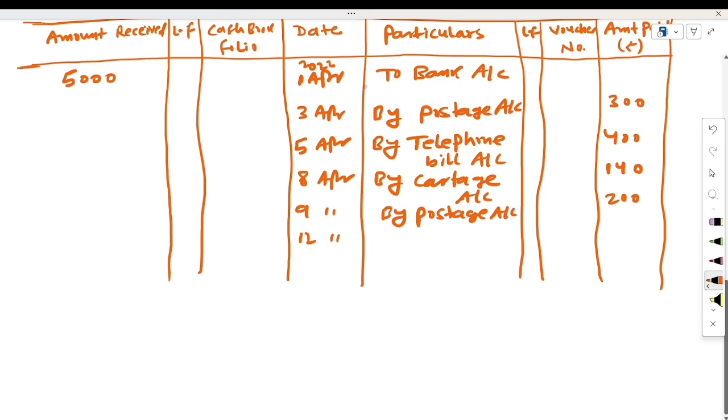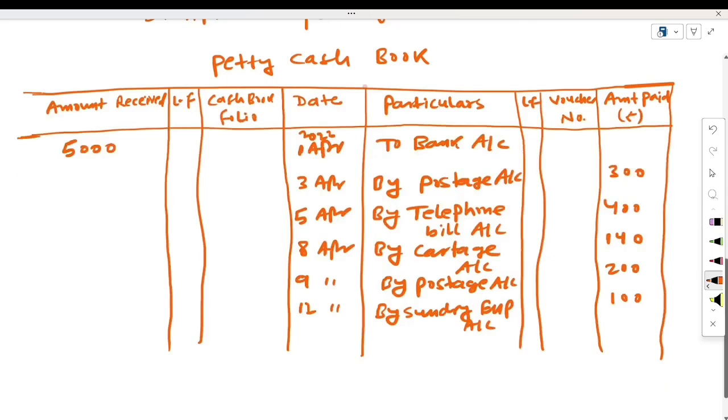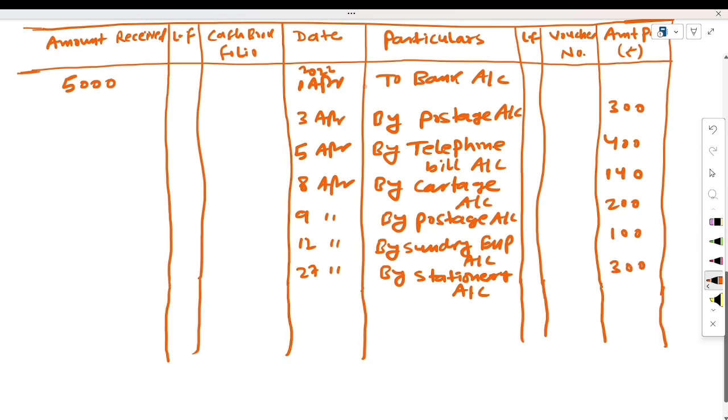On 12th April by sundry expense account, 100. And at last, on 27th April, paid for stationery, how much? 300. On 27th April by stationery account, 300. So these are the payments of the petty cash.